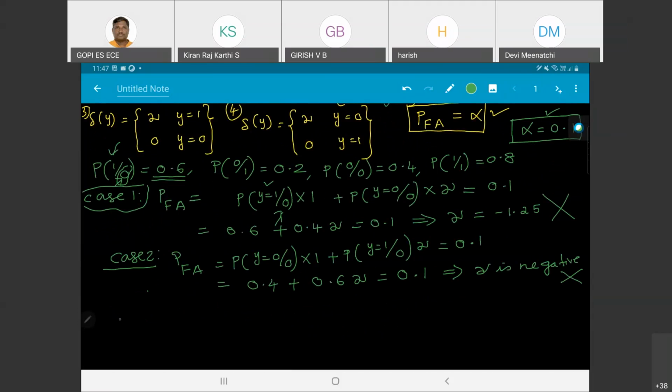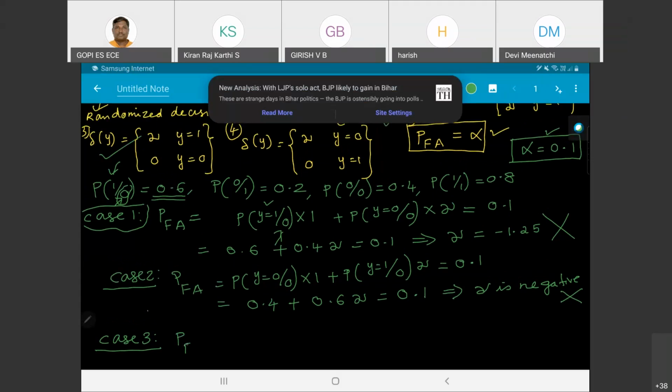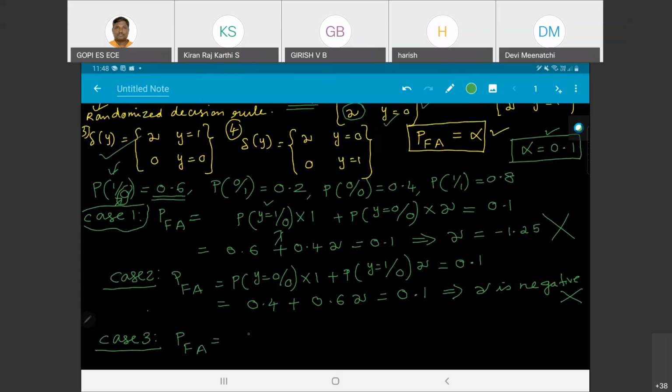We have to go for case 3. This is the case 3 here. So we'll go for this probability of false alarm calculation now, which is equal to probability of y equal to 1 when 0 is transmitted, times gamma, because this probability is gamma, plus probability of y equal to 0 when 0 is transmitted, times 0 here.